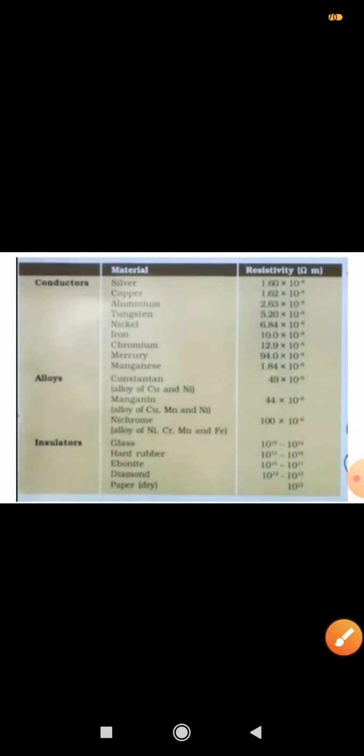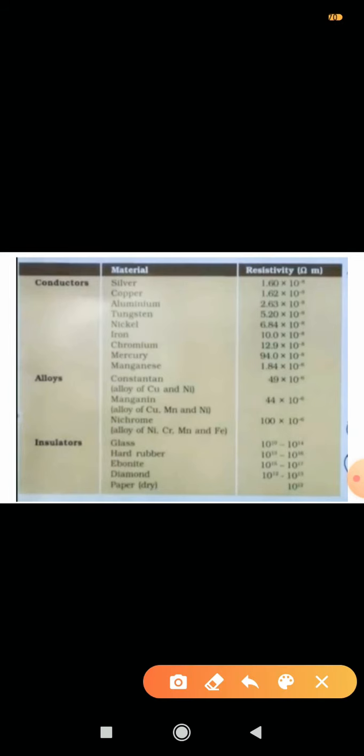And why do we make alloys? To avoid the metal burning. If we use copper or nickel or tungsten, which are metals, their conductivity is very high compared to their resistivity. So we make alloys to increase the resistivity.